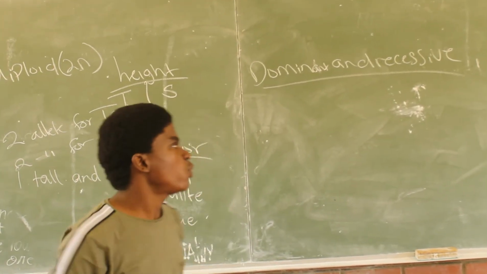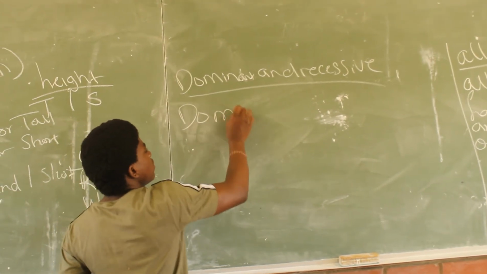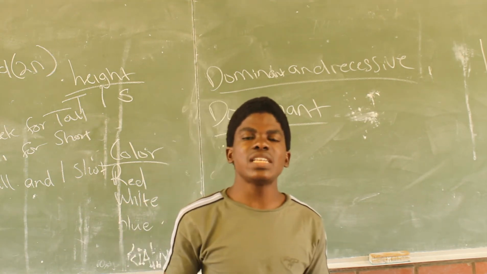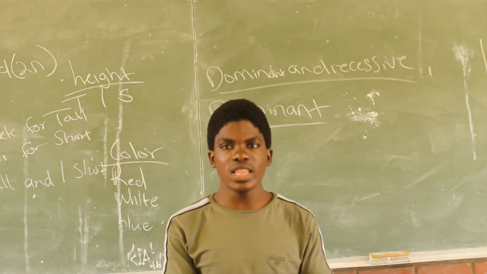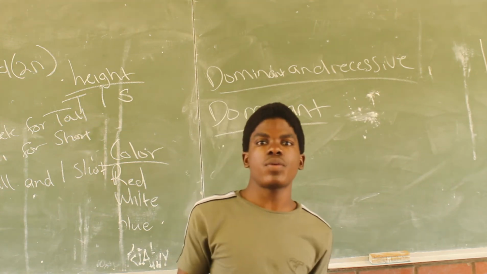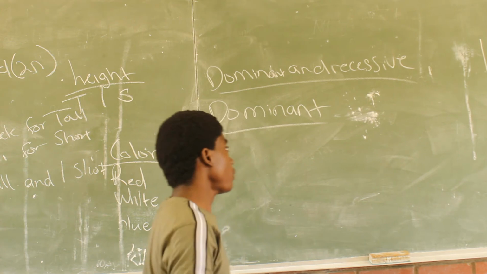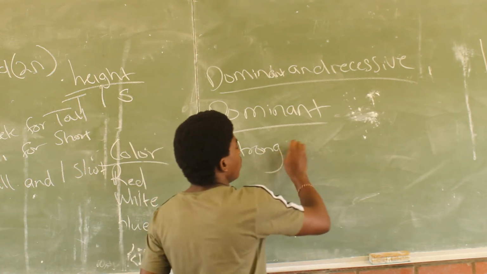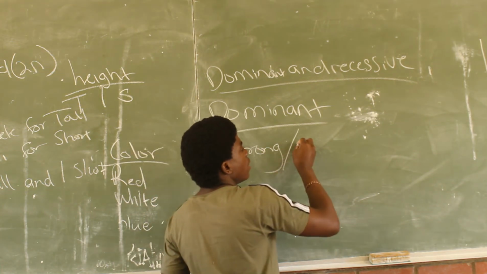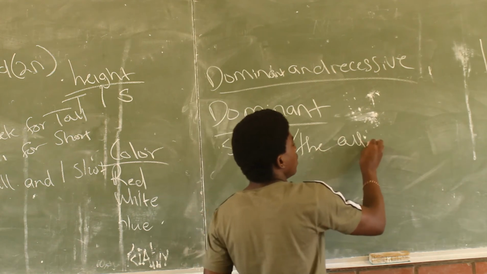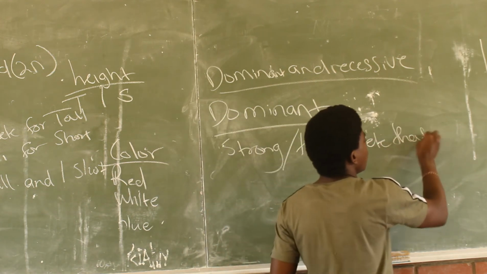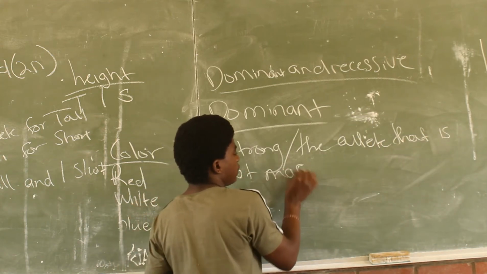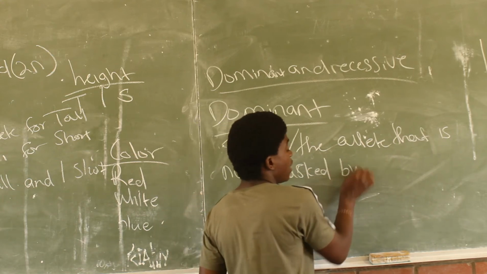What does that mean? From general knowledge, a dominant thing means it's the stronger one, the one that is out there and seen by everyone. So a dominant allele is the stronger allele, the allele that is not masked by other alleles.